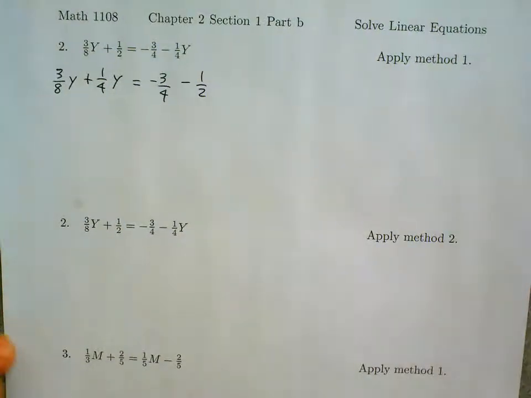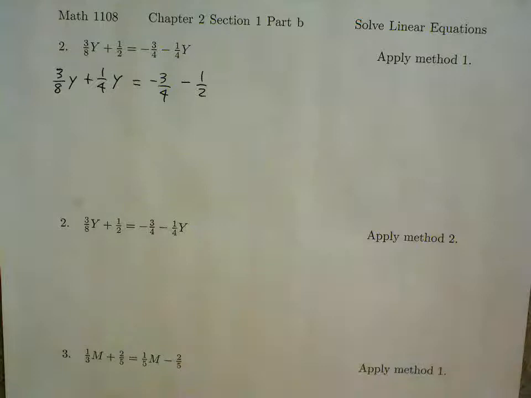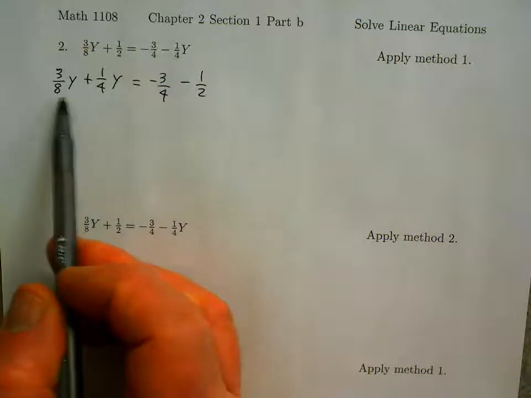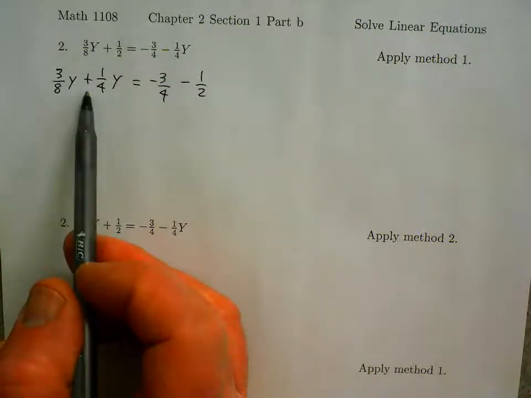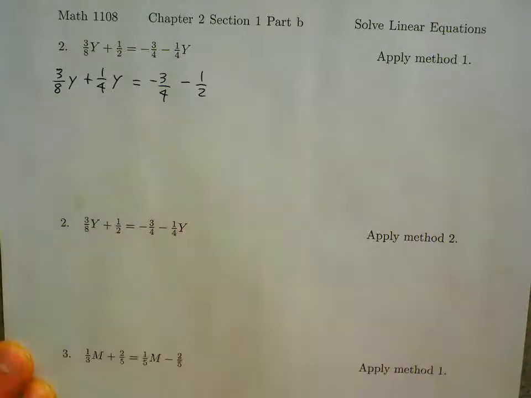So now all of the variable terms are on one side of the equation, and all of the constant terms are on the other side. So before we can add 3/8 y and 1/4 y, the coefficients have to have a common denominator.